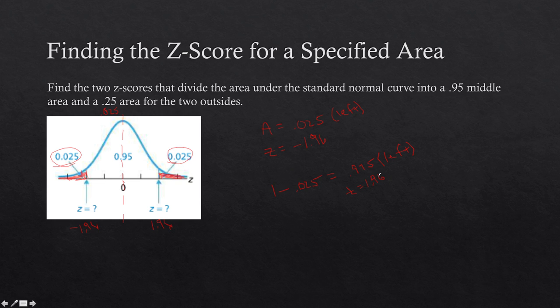Okay, so keep that in mind as you're doing these problems. Keep in mind about symmetry, and notice how important knowing whether it's from the left or to the right is. If it's for the left, we get to read it straight from the table. If it's from the right, we have to subtract that area from 1 to read it directly from the table.